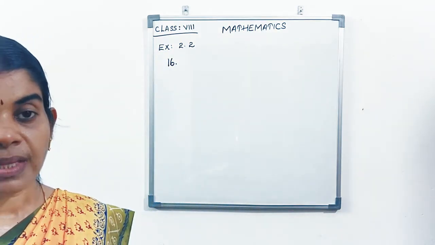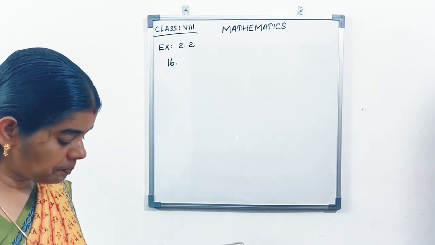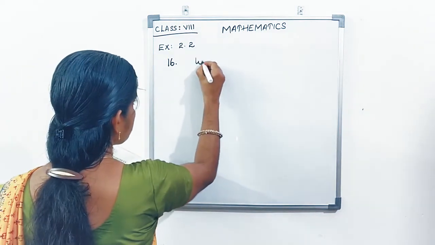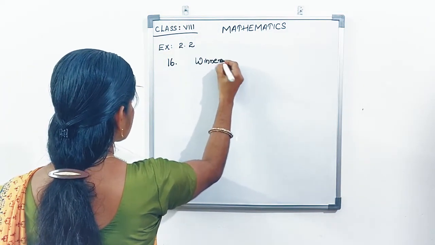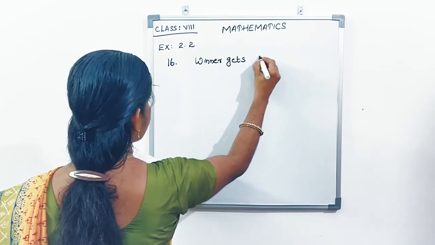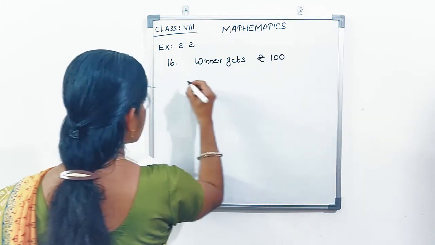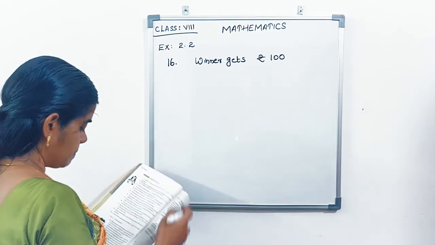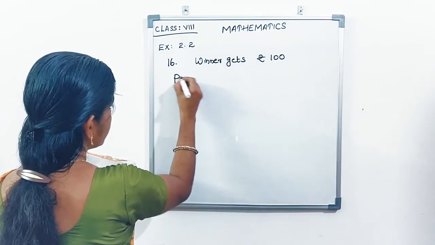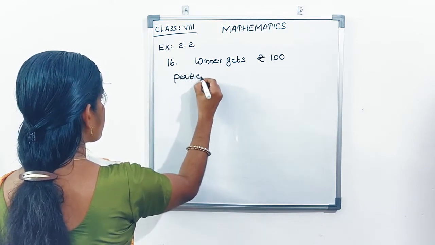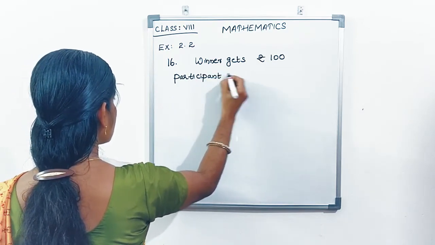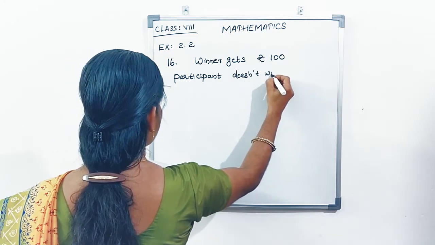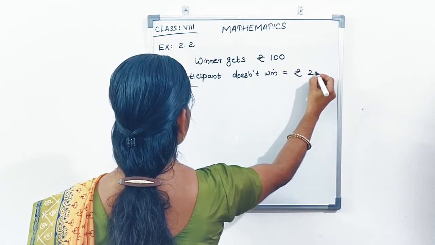Clear? In an essay competition, the winner gets 100 rupees. A participant who doesn't win gets 25 rupees.